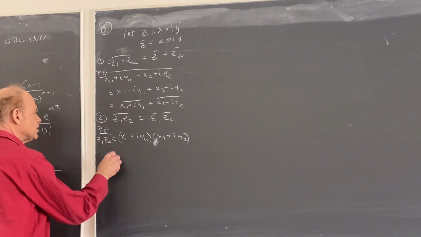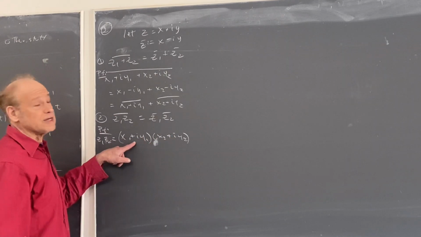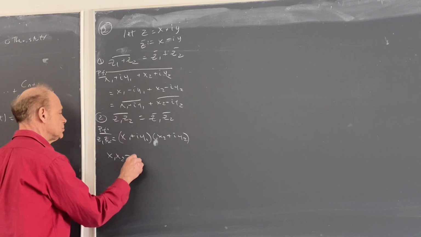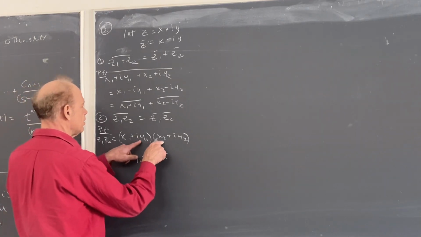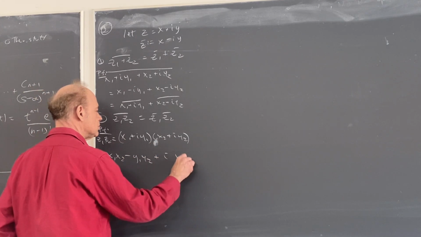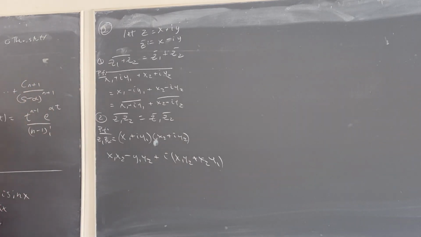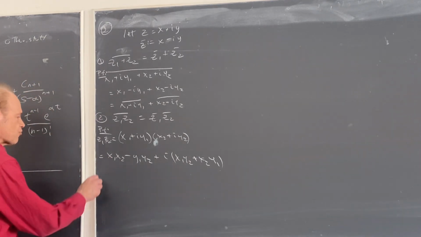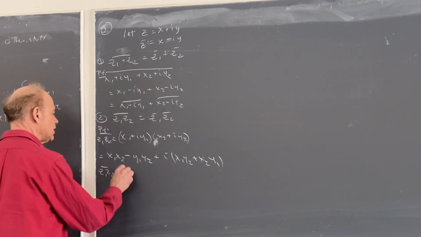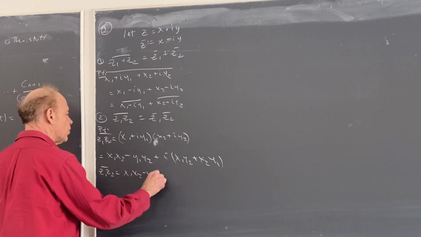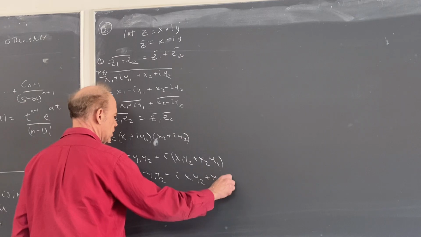That's equal to x1 x2 plus i squared, which is minus 1, times y1 y2, plus i times x1 y2 plus x2 y1. So I just multiplied out the four terms. And so therefore, let's look at what the conjugate of z1 z2 is. It's x1 x2 minus y1 y2 minus i times x1 y2 plus x2 y1.